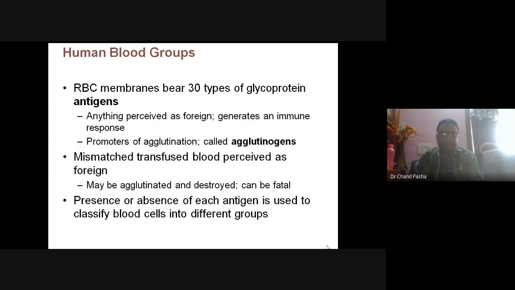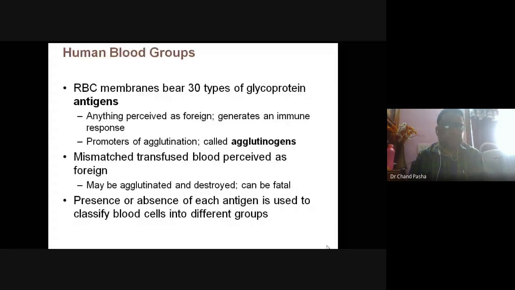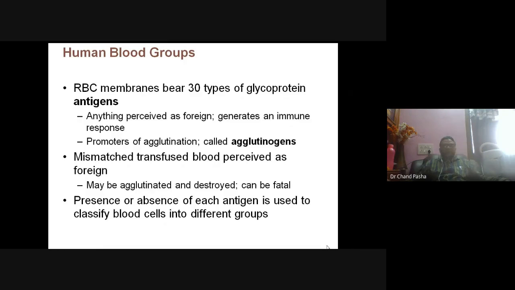On the membrane of RBC, there are almost 30 types of glycoproteins, and these glycoproteins we call antigens. Anything that comes from the foreign generates the immune response, that you know, and that compound is called an antigen.